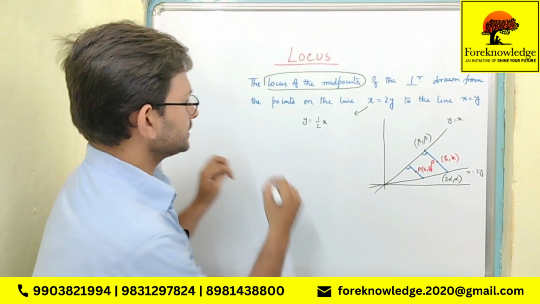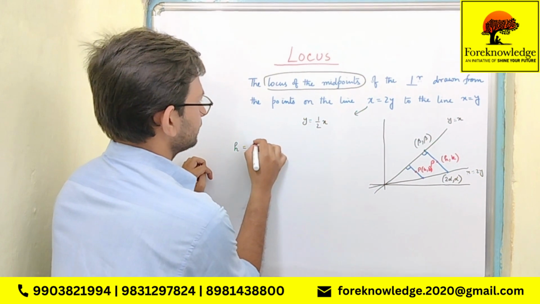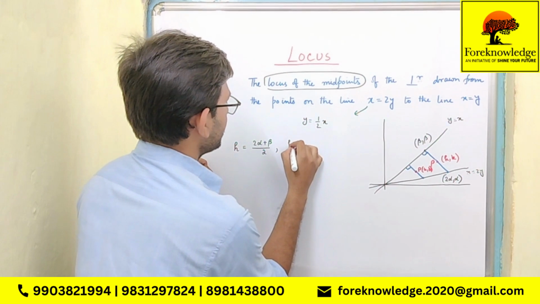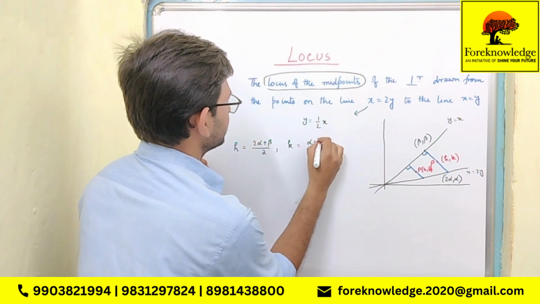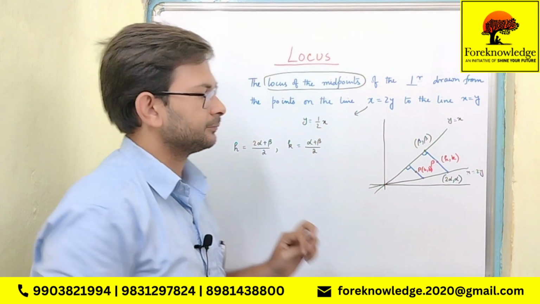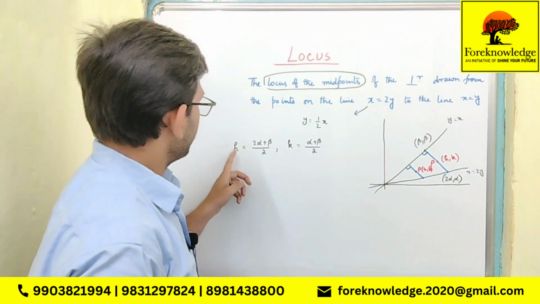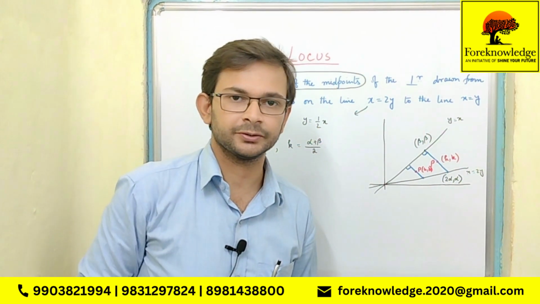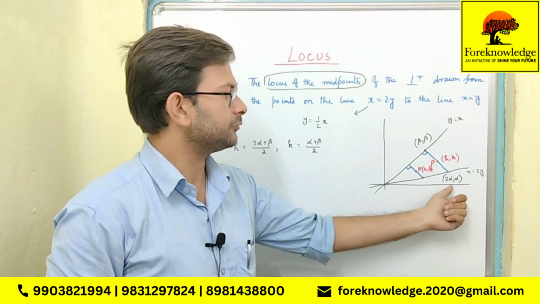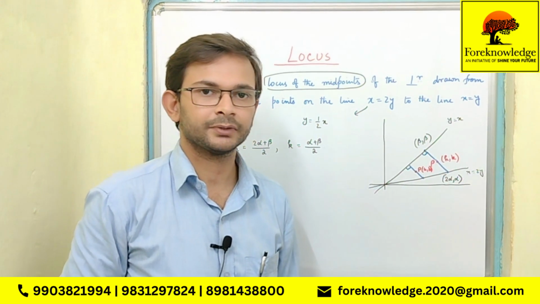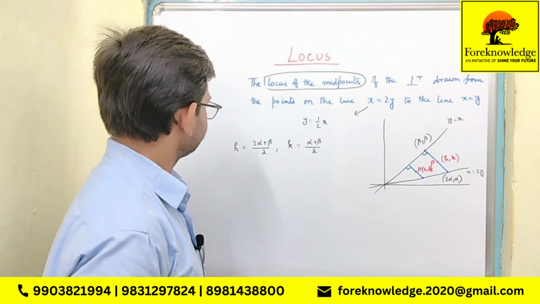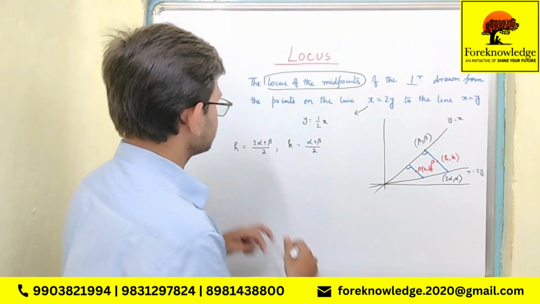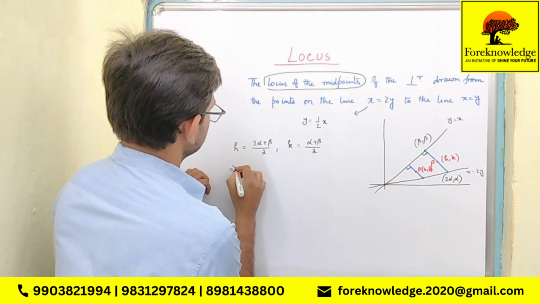So h is nothing but 2 alpha plus beta by 2, and k is nothing but alpha plus beta by 2, by the midpoint theorem. From here let's find alpha. So what is alpha here?